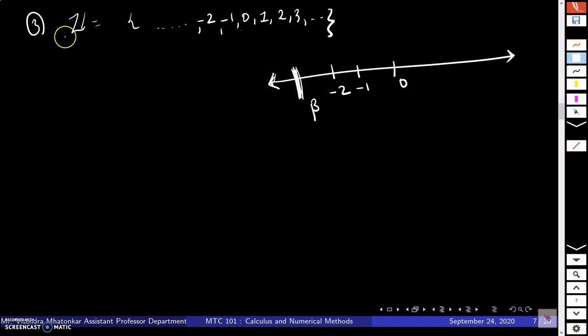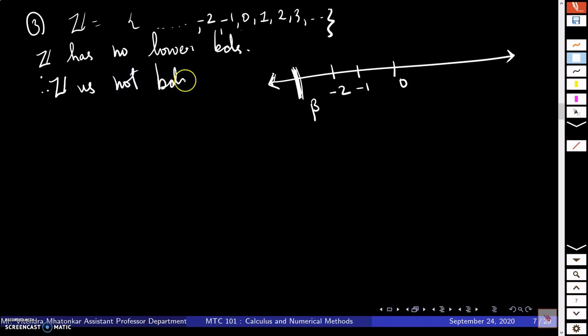So this set of integers Z has no lower bounds. This is an example of a set which is not bounded below. So Z, the integers, is not bounded below, and it is not bounded above also, because the same reasoning will work on the other side as well.